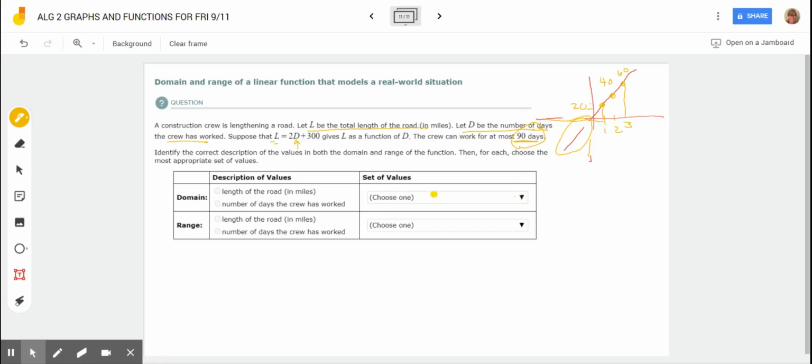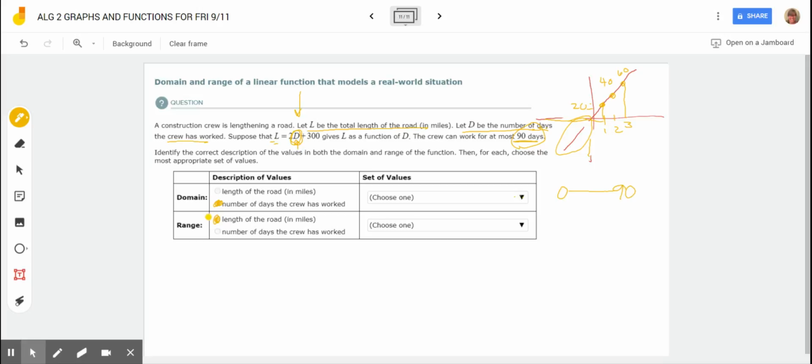Your value has to be between 0 days and 90 days, because they can only work 90 days and 0 is the lower end. The domain is D. It's what you plug in. The domain is always what you plug in, and it says the number of days the crew has worked.